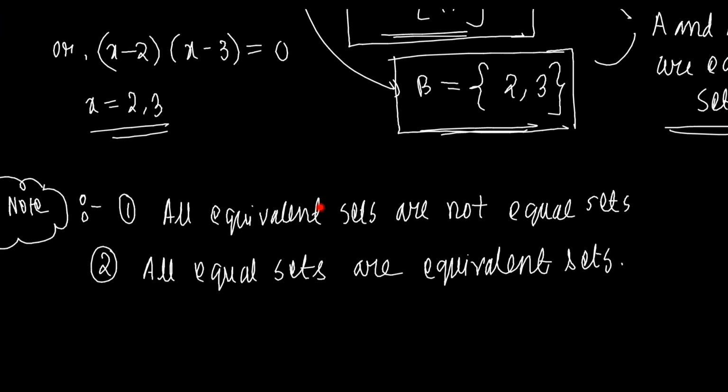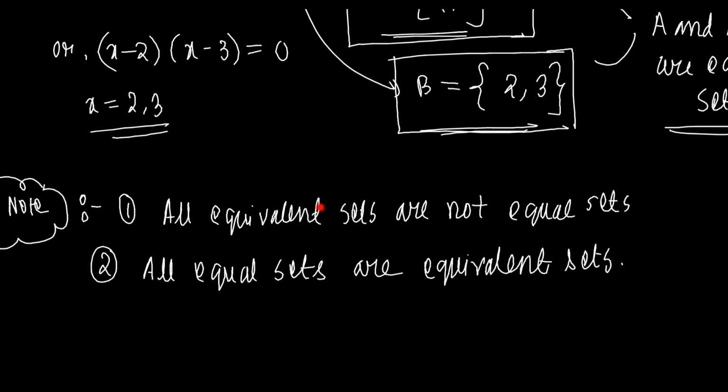But equal sets have the condition that the number of elements should be the same and the elements are also the same. So in equal sets, the condition of two sets to be equivalent is also satisfied.